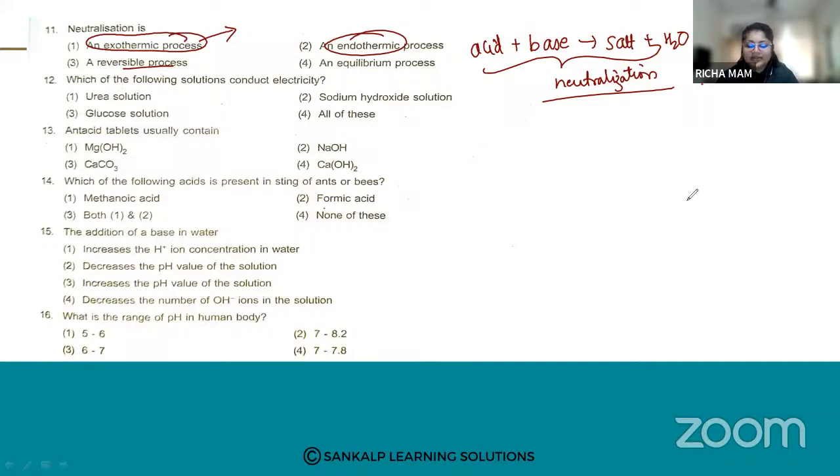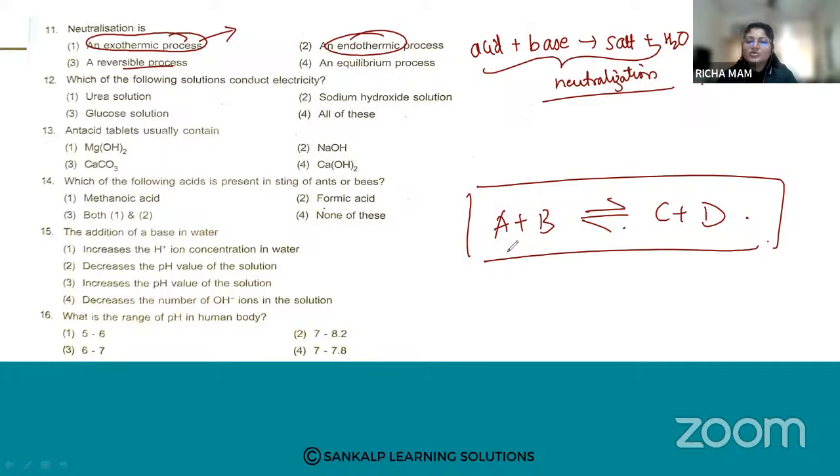Equilibrium means, suppose A plus B gives C plus D, an equilibrium will exist, where at equal proportion the reactants are converted into products and products can be converted back to reactants.